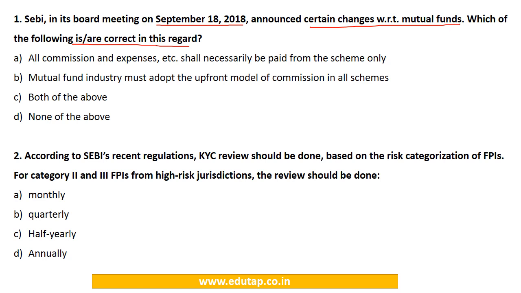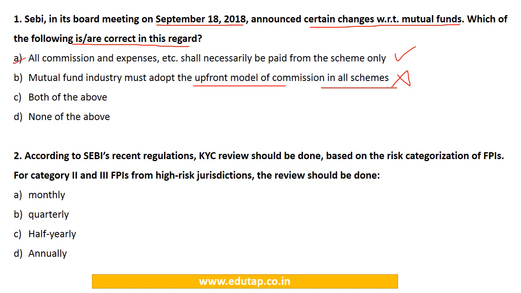Two, the mutual fund industry must adopt the upfront model of commission in all the schemes. Both of the above, or none of the above. So friends, we have covered that the mutual fund industry has to pay the commission using the full trail model and not the upfront model. So statement number 2 is incorrect, but the first statement is correct, because these expenses are to be necessarily paid from the scheme only. So the answer would be option A.